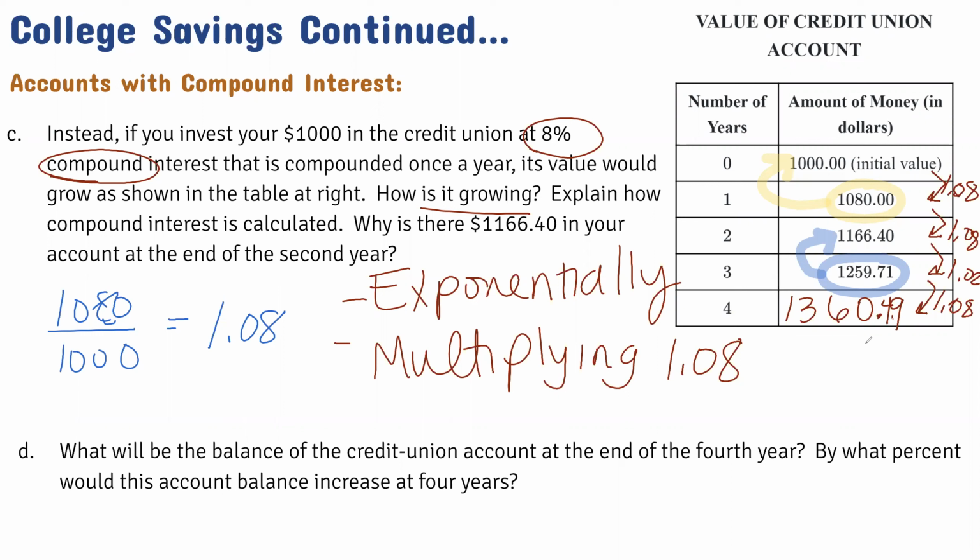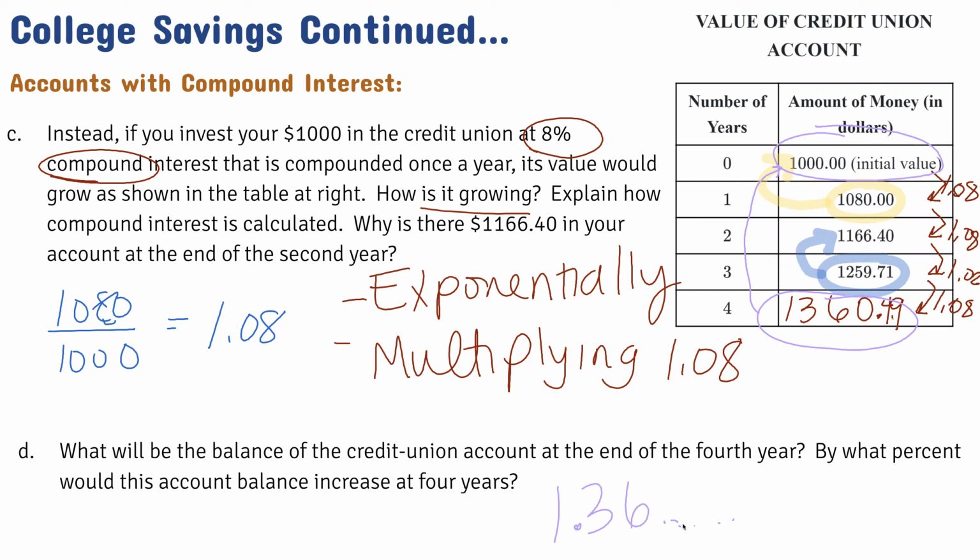And by what percent will this account balance increase at 4 years? Hopefully you can do this by yourself because we did it in the previous slide where you take this number, divide it by this number, right, to get what your percent will be. And so let's do 1360.49 and divide it by 1,000, and you get 1.36 and so forth.